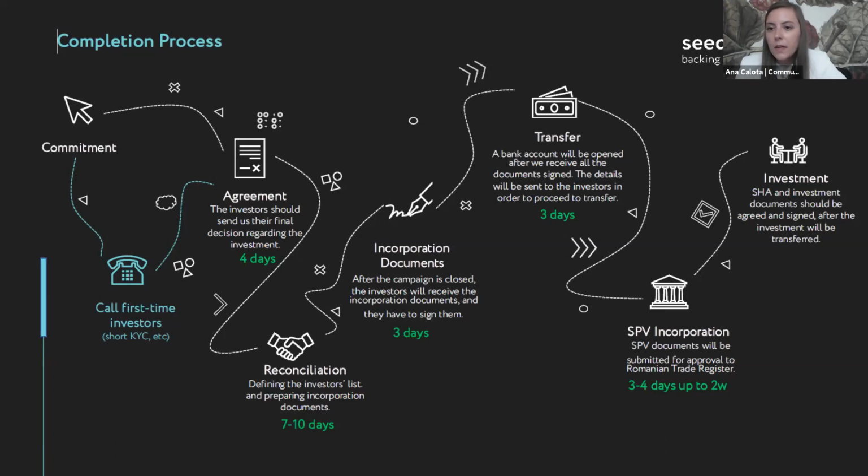For equity, we sign a shareholders agreement with the startup. For SAFE and convertible loan, we sign a contract with the startup, and then usually the convertible loan has a due date. We follow the company, and when it's the due date, then we have to prepare additional documents in order to convert the shares.